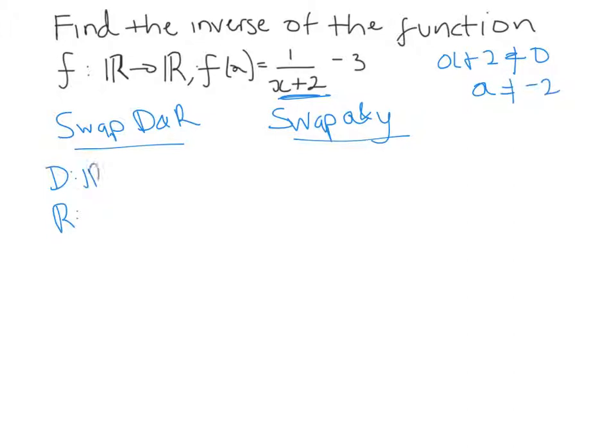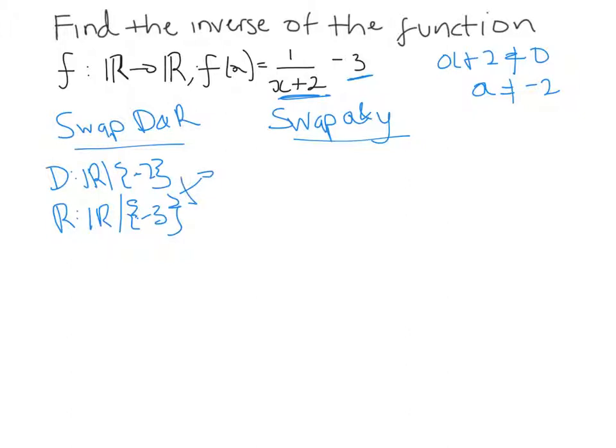That means the domain can be all real numbers except for minus 2, and the range, now it's also moved down 3, can be all real numbers except for minus 3.